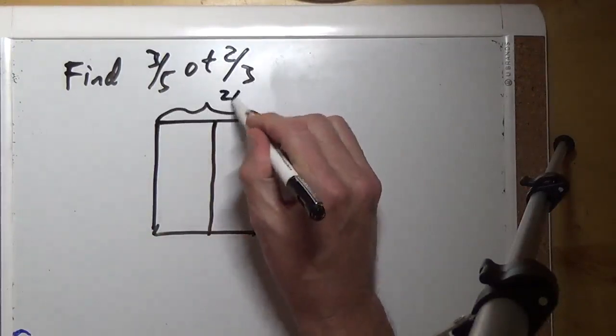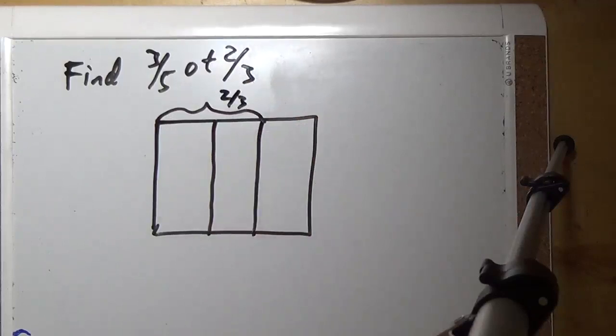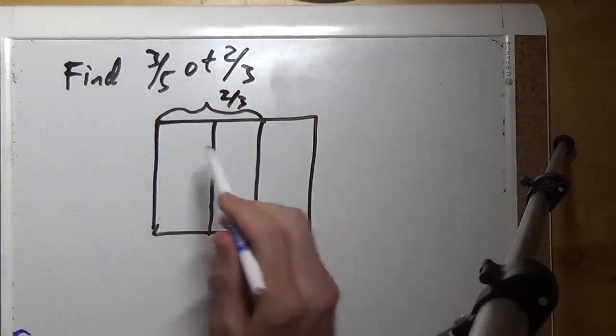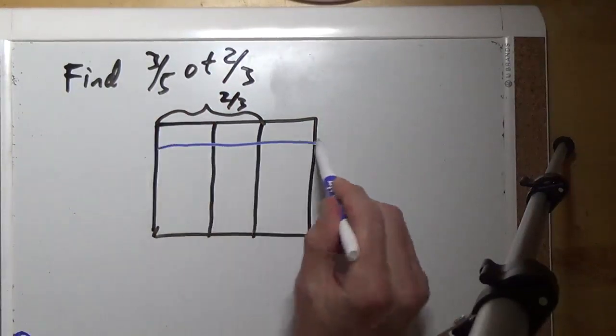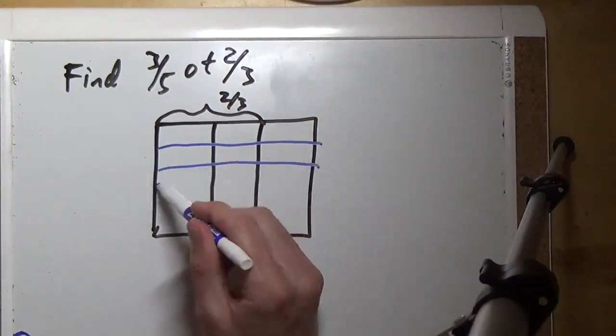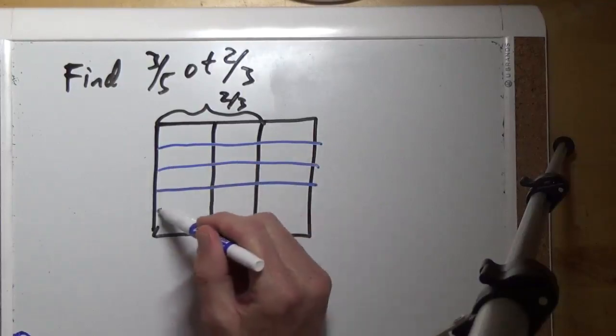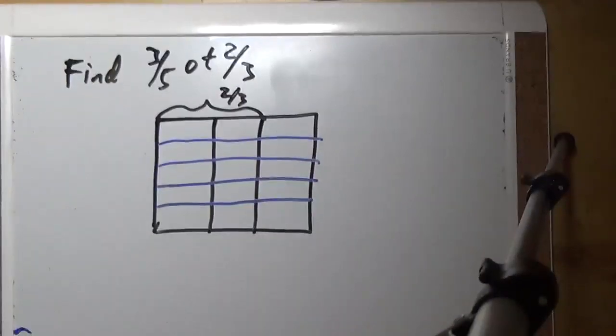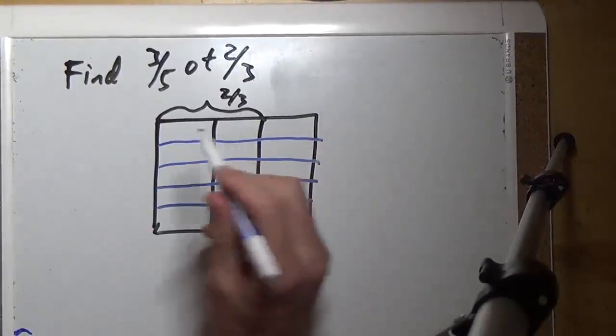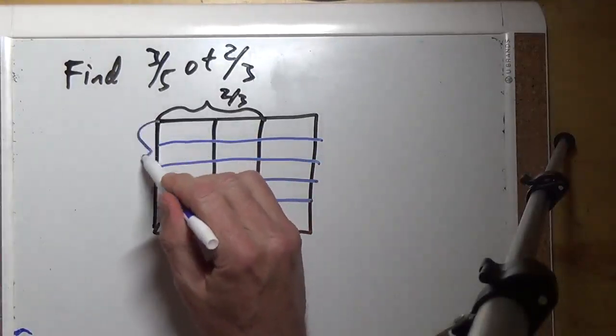There's my 2/3. Now I'm going to go this way and partition in the fifths. And here's my 3/5.